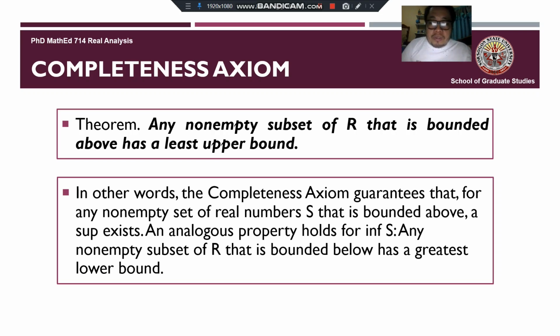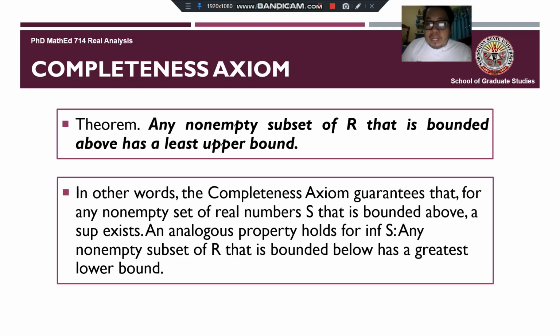Okay, so that is the same with infimum, or particularly on a set which is bounded below. So it contains the greatest lower bound.